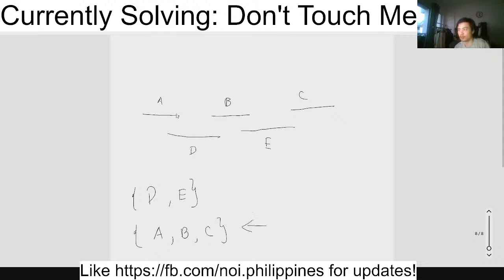Definitely you can't let person A and person D both borrow the book, because their times are overlapping. So what we want is the maximum: take the maximum number of intervals so that no two overlap.